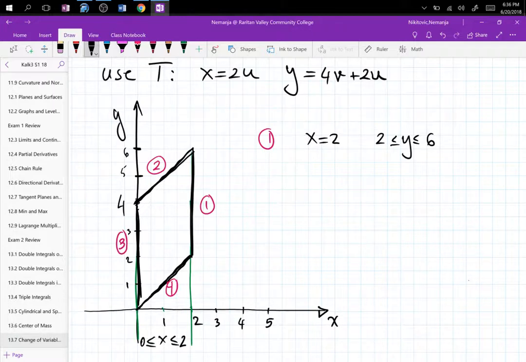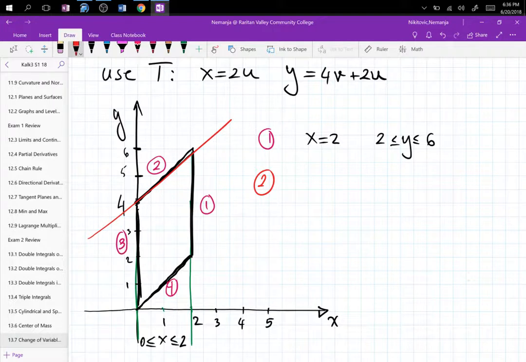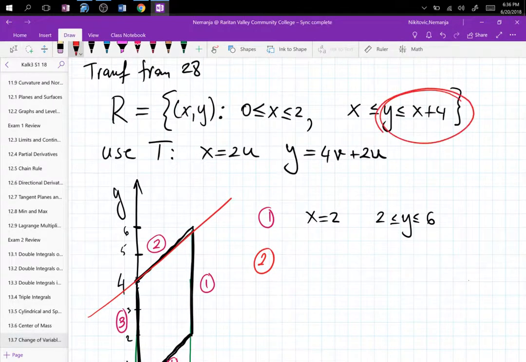Then we have line number 2. This is line number 2. Well, I don't actually have to work hard to figure out this equation because it is already given to me. It's right here: y equals x plus 4.